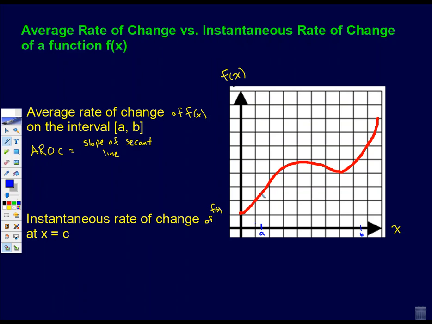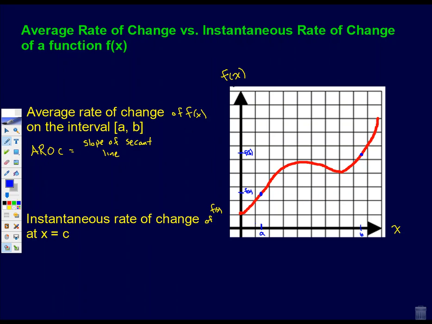And on the graph, I can find, or at least estimate, f of A and f of B. And now the average rate of change is basically describing the change in the function values compared to the change in the input values.